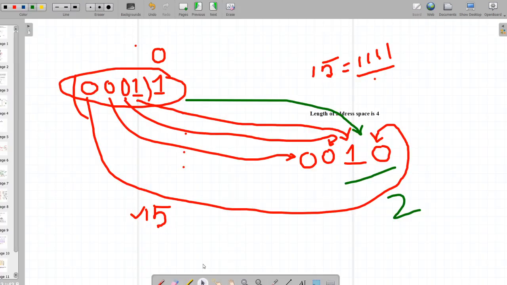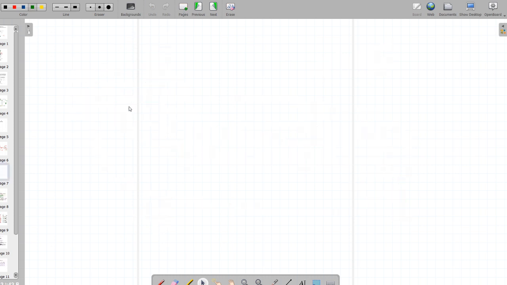Now the only change in this case will be in the length of the address space. In this example you have 4 processors, so the maximum address available in this structure is 3.